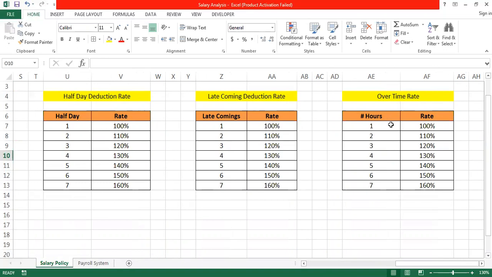But if it is not available in the overtime table and still we want to resolve this issue of not applicable, that is NA, then how can we resolve it? We can treat zero as an error.